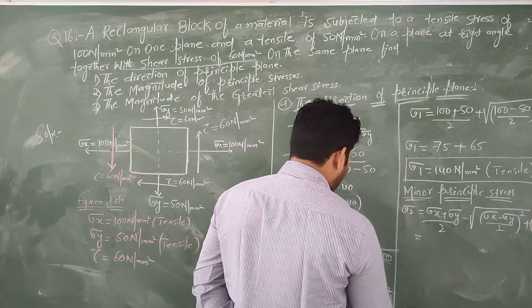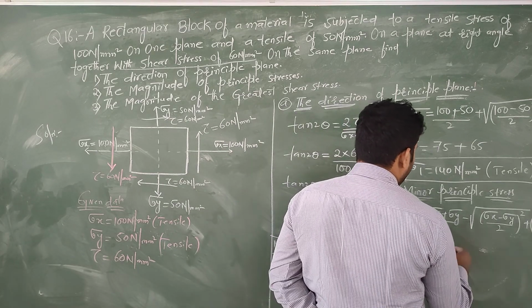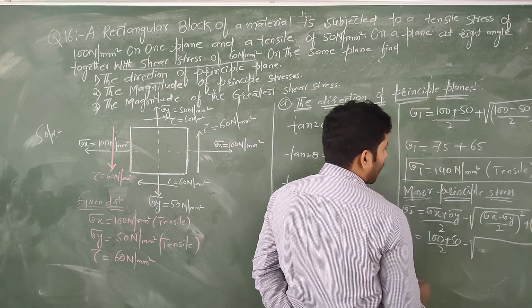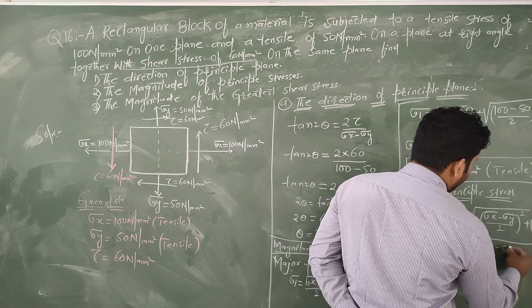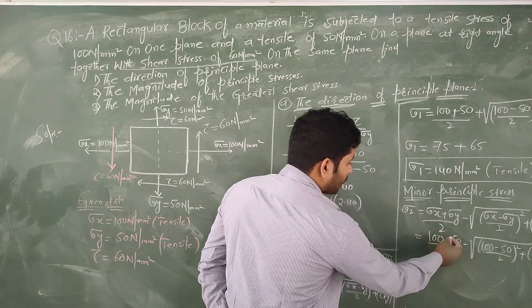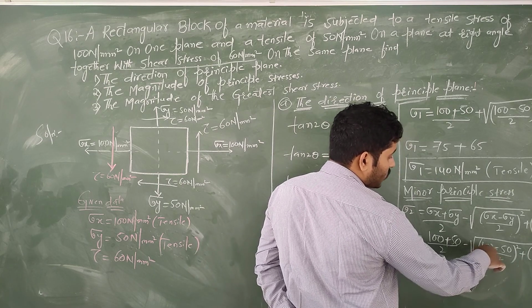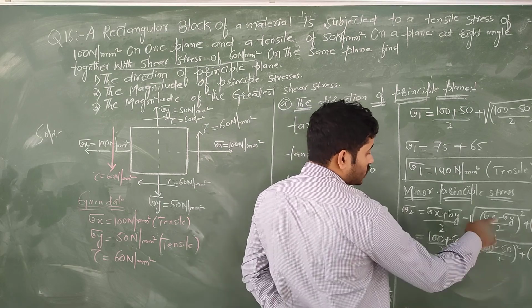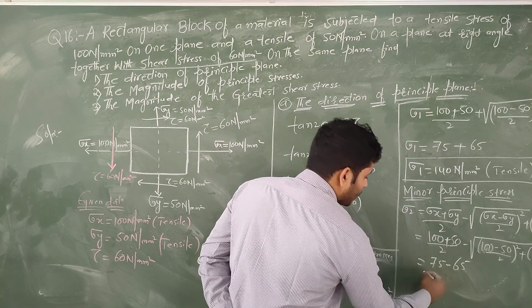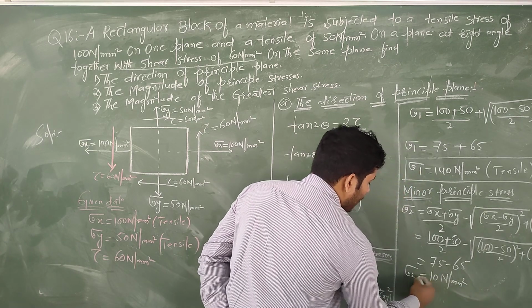Sigma x is 100 and sigma y is 50, tau xy is 60. 100 plus 50 is 150, by 2 is 75, minus the root of (100 minus 50, which is 50, by 2) whole square plus 60 whole square, which is 3600. Taking the root, you get 65. 75 minus 65 gives 10 Newton per mm square. Sigma 2 is the minor principal stress.